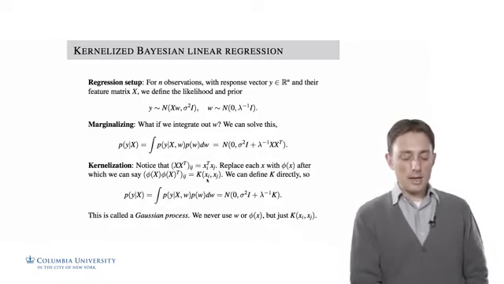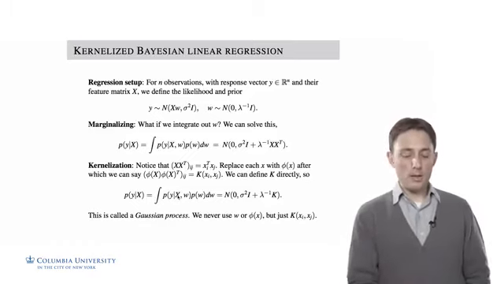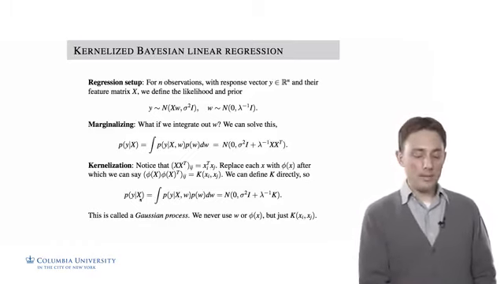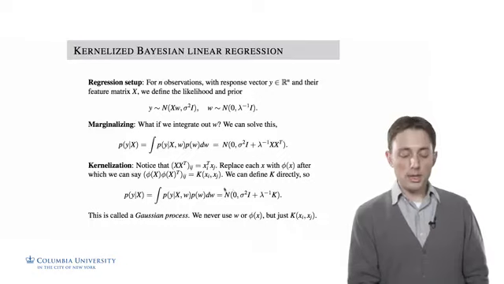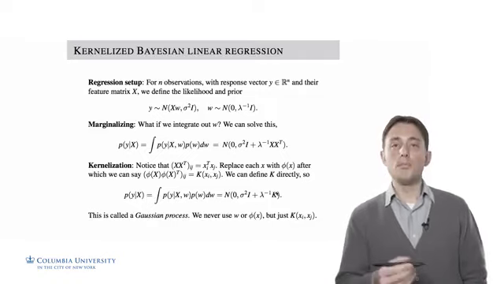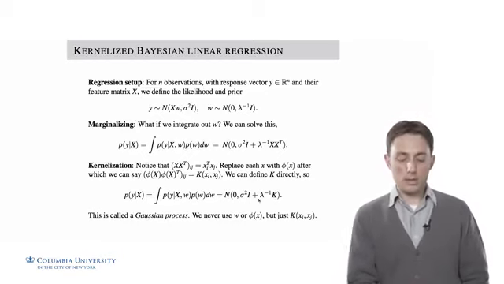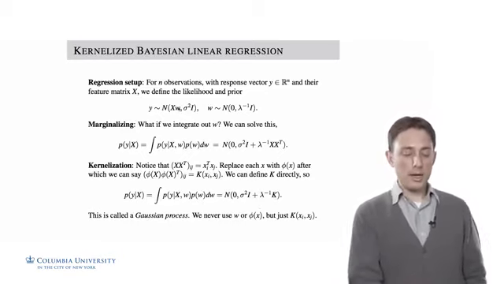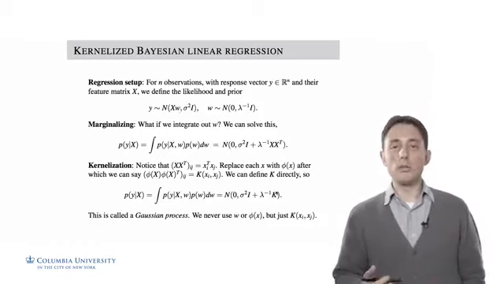And then what we can say is that if we map x to a higher dimensional space using some function phi, the marginal distribution of y given x and given the mapping, integrating out w, is now a multivariate Gaussian, where all I've done is replace this matrix of dot products between our data points with this matrix of kernel functions between pairs of our data. So this is called a Gaussian process. The Gaussian process comes by integrating out the vector w and then replacing this dot product with a kernel function.